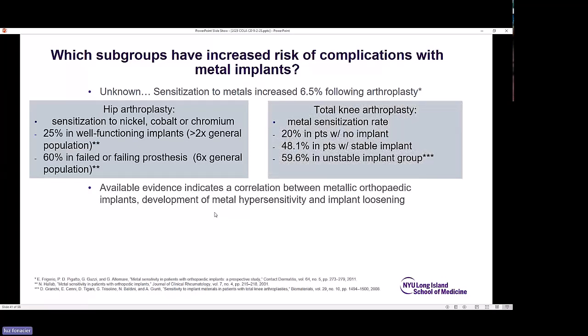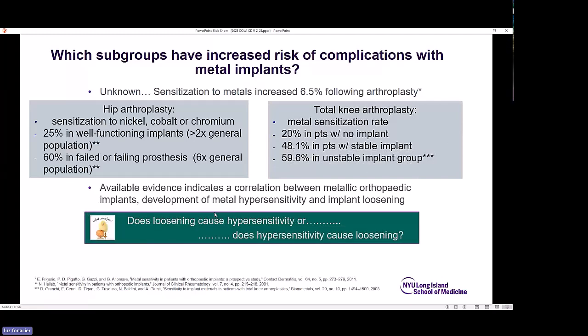With a knee replacement, again, 20% in patients with no implant, 48% if your implant is stable, and close to 60% if your implant is unstable. So there's available evidence that there is a correlation between metal orthopedic implants, development of metal hypersensitivity, and implant loosening, but we really don't know which came first, the chicken or the egg.